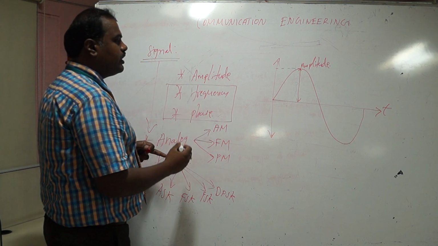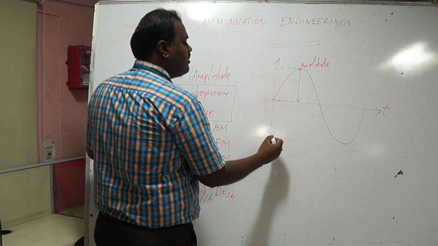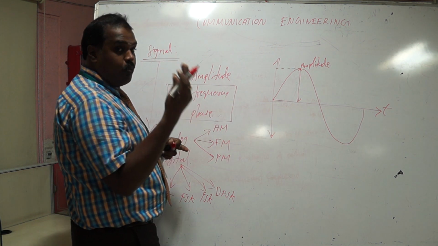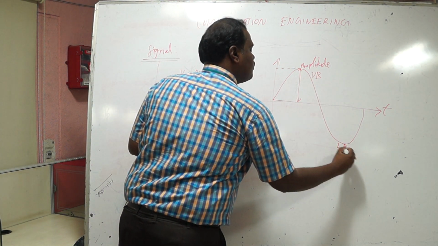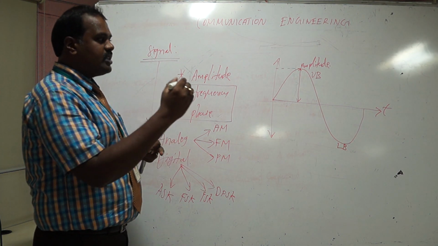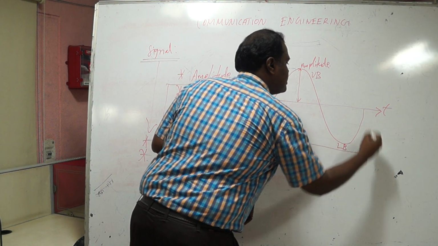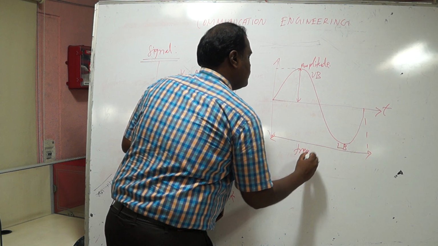Let me go to the frequency. The frequency takes place over the entire cycle. Any signal has two bands, this is the upper band and this is the lower band. The signal completes one cycle covering the upper band and lower band, which requires one full cycle of frequency range.